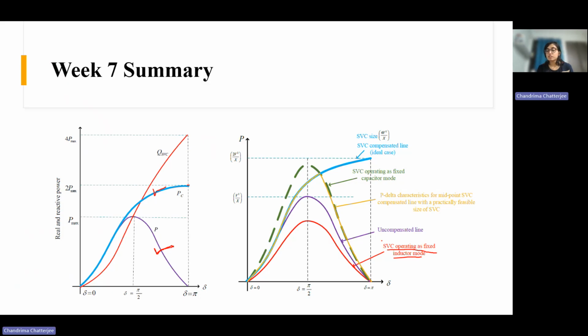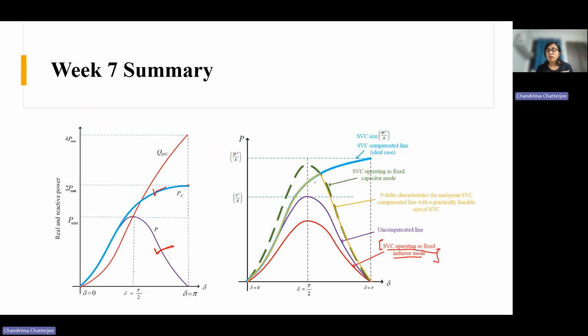We already solved numericals and studied when we operate the SVC in fixed inductor mode and when as fixed capacitor mode, right? In fixed inductor mode, the maximum power reduces further, and this green one here is the curve for fixed capacitor mode, right?